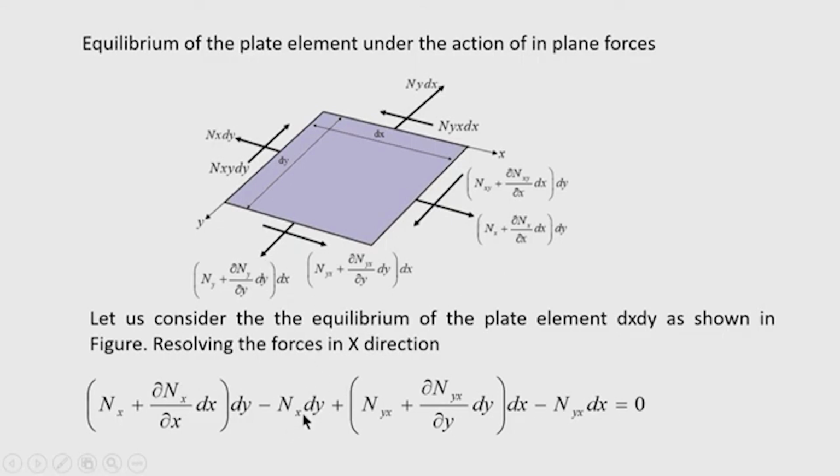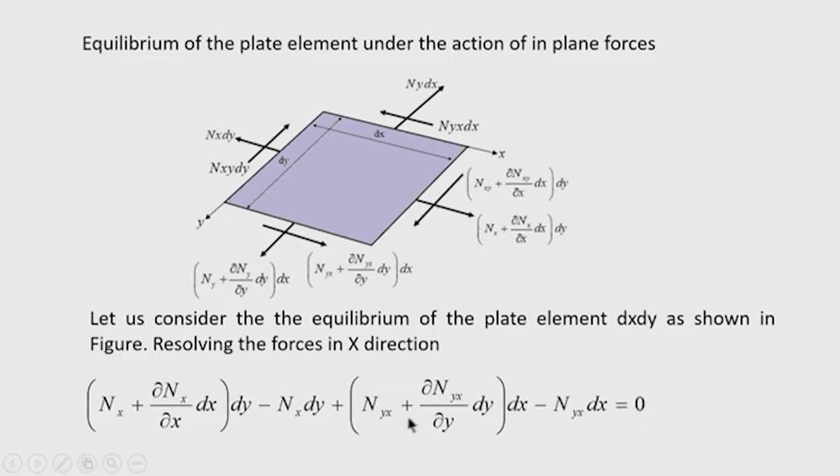So, this force is written here. Then plus other force, let us see in the x direction. Positive direction is this force Nxy or Nyx plus del Nyx by del y into dy, into dx. On the opposite direction, Nyx into dx, this is the force. So, total force I have summed up and equated to 0.